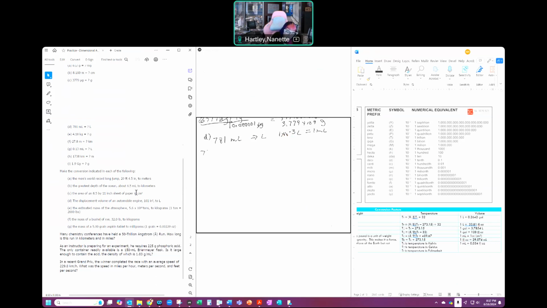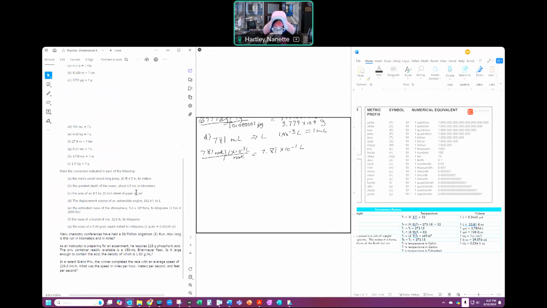So 781 milliliters is 1 times 10 to the minus 3 liters per milliliter. Milliliters cancel. And that then gives me 781 times 1 second EE negative 3. And that leaves me with 7.81 times 10 to the minus 1 liters.